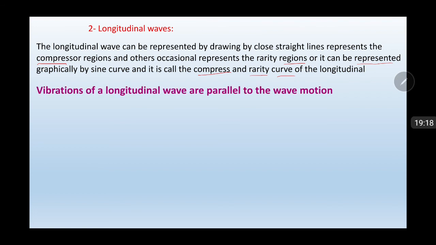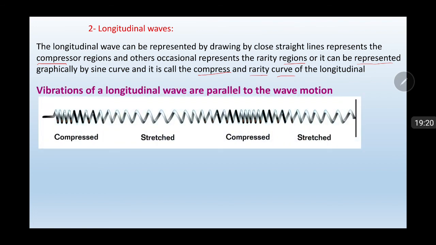Look at the figure. Vibration of the longitudinal wave is parallel to the wave motion. Look at this, compressed is less wavelength but more frequency, stretched is less frequency but more wavelength.